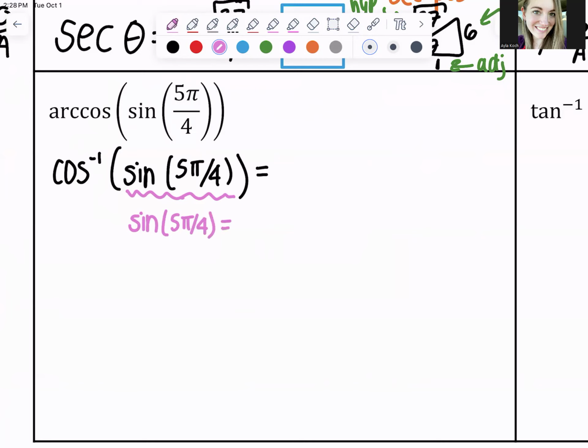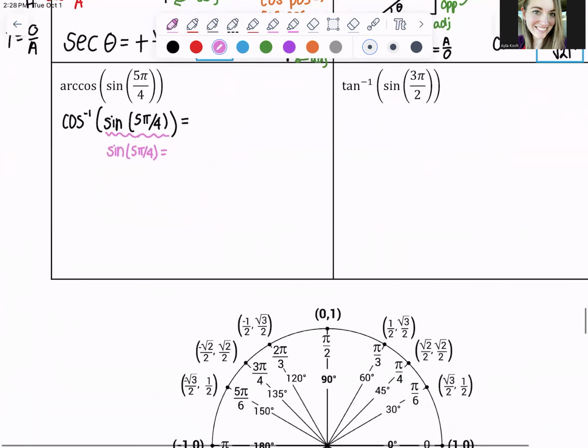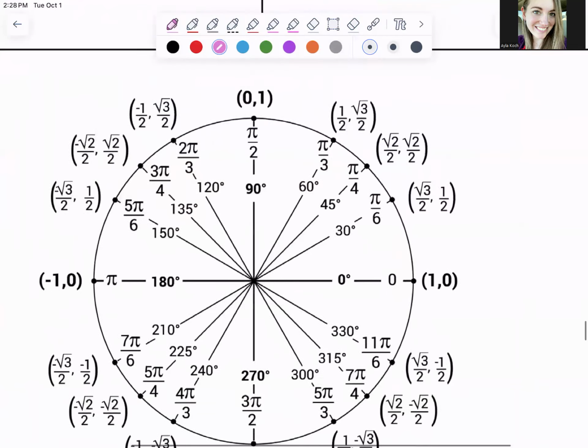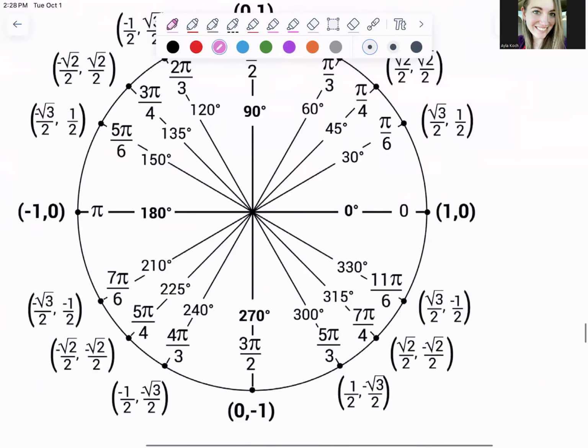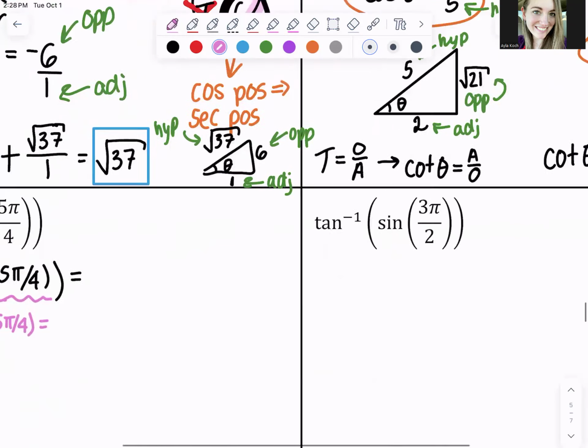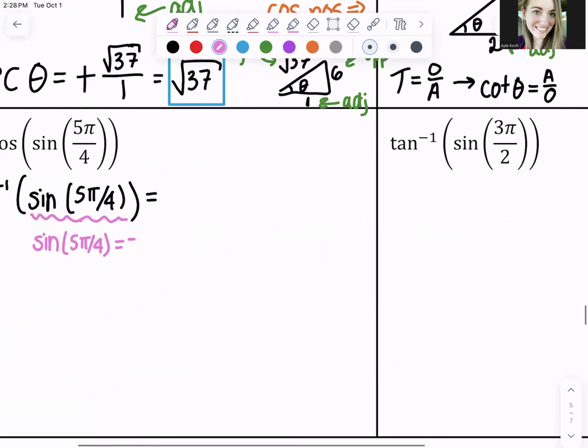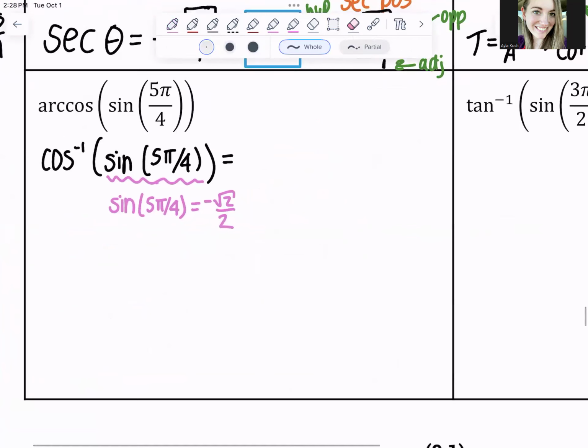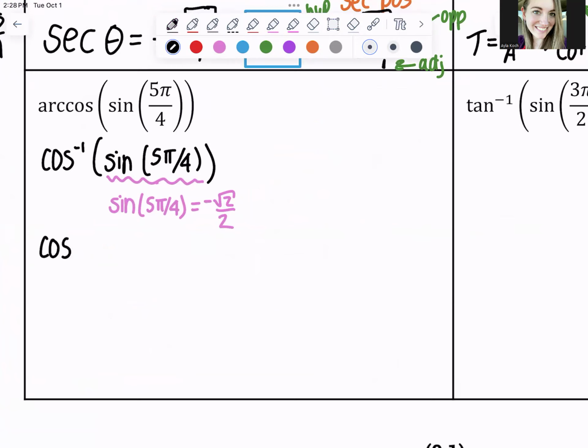This is just work from the inside out. So what is the y value at 5 pi over 4? Here's 5 pi over 4. The y value is negative square root 2 over 2. So cosine inverse of negative square root 2 over 2.